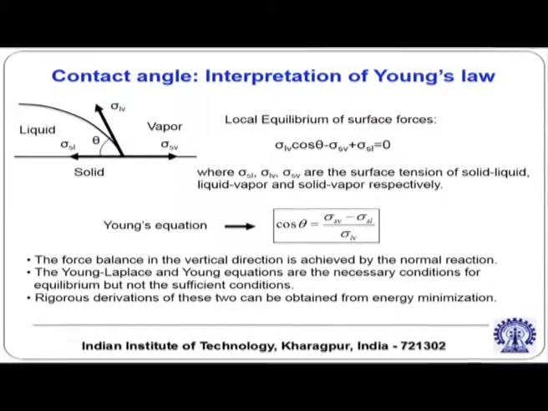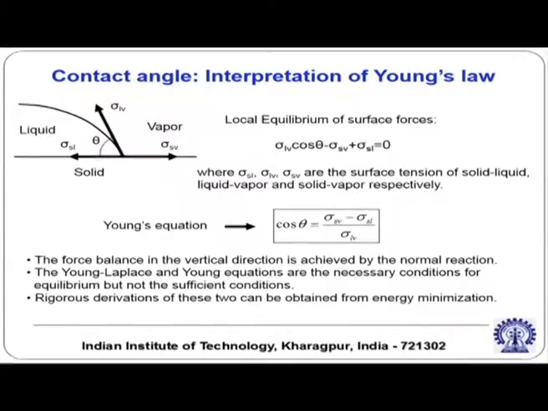So, actually what happens is that the force balance in the vertical direction is achieved by the normal reaction. Just to visualize it, instead of the droplet, think of it like a rigid body. If it was a rigid body sitting on a substrate, there will be a normal reaction, and a similar kind of normal reaction is acting on the droplet. The difference between the droplet and the rigid body is of course quite clear.